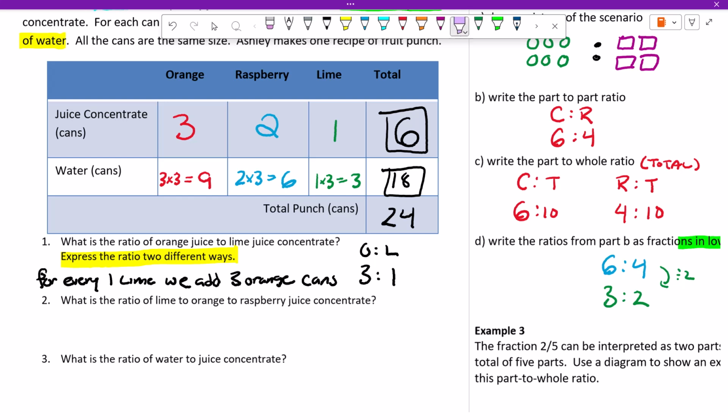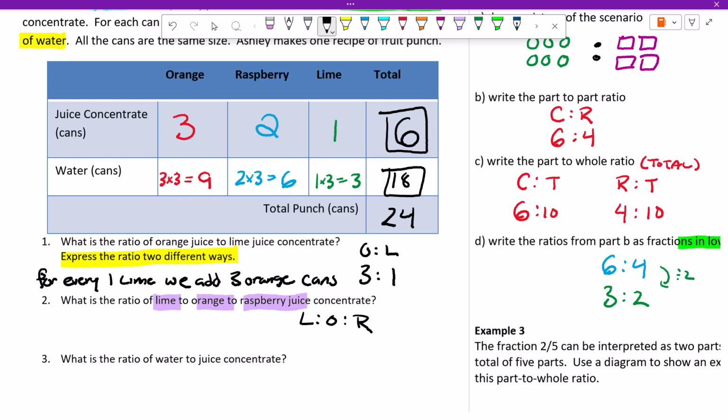Next one. Lime to orange. No, sorry, lime to raspberry, it says. Orange, raspberry, and lime. There's 3 things. Lime, orange, raspberry.